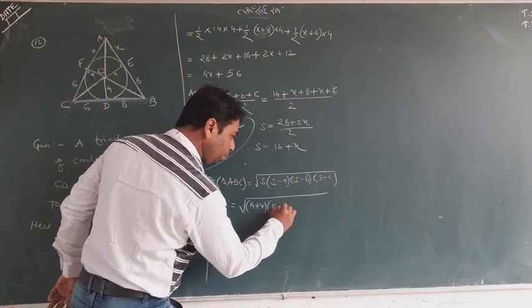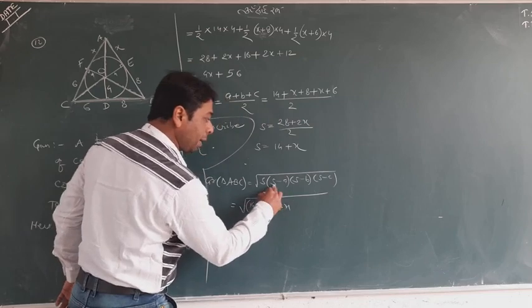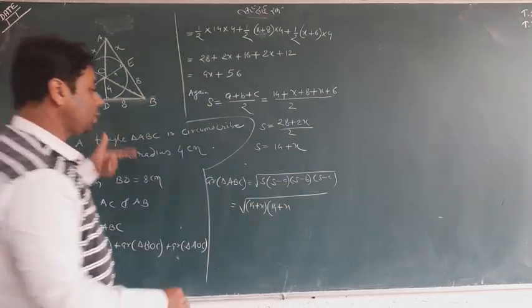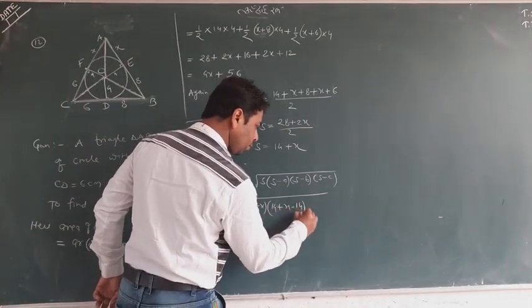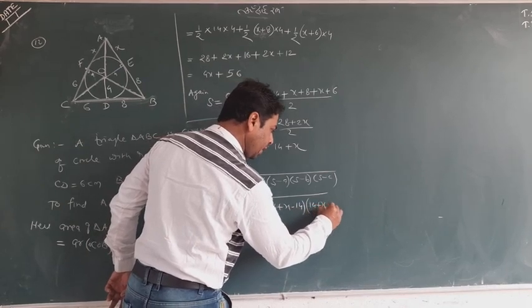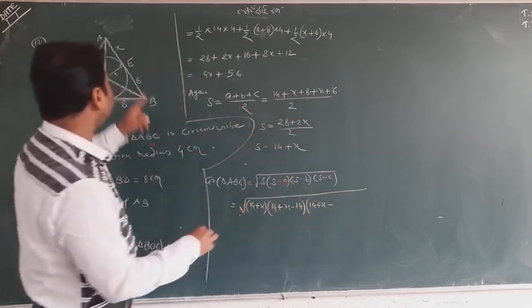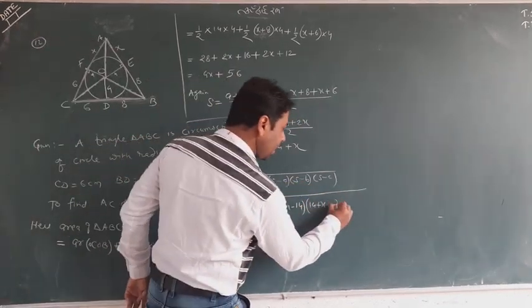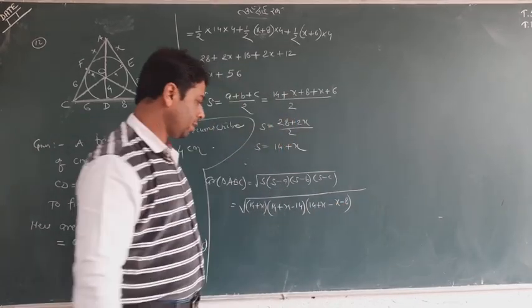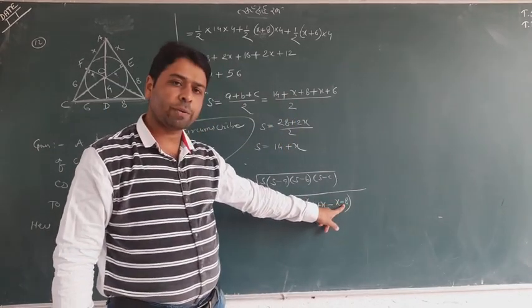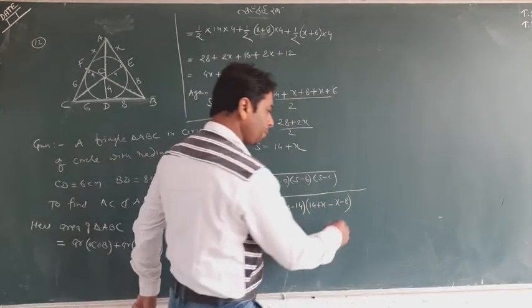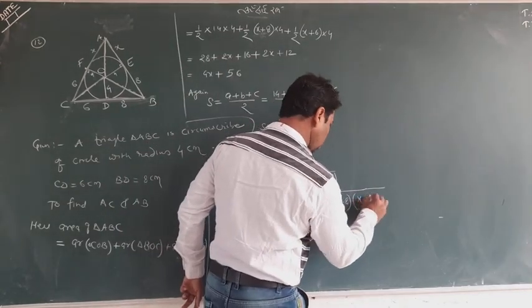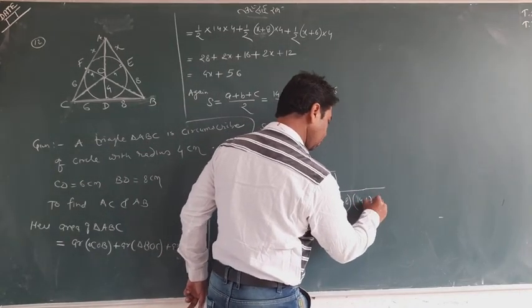So 14 plus x minus a, meaning first side 14. 14 plus x minus b, meaning x plus 8. I have written minus because it was a minus sign. Last, 14 plus x.